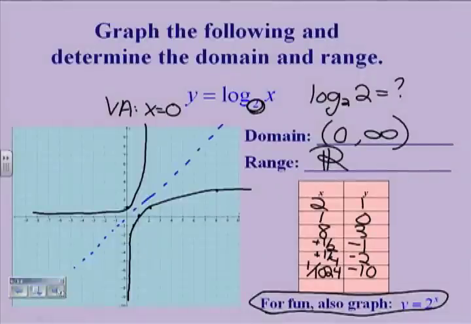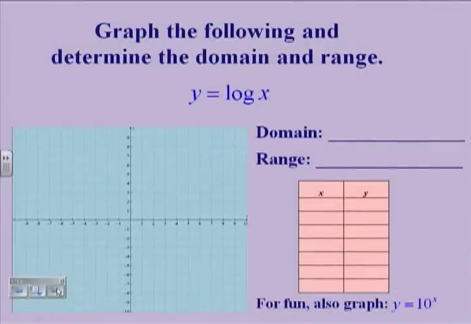Okay, well, let's continue on and look at a different log. Now you'll notice here that I didn't write a base, and you might say, well, she just forgot. Well, no, actually I did not just forget. If we write log and there's no base indicated, then we all agree that that is base 10.